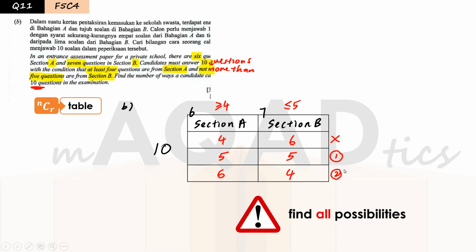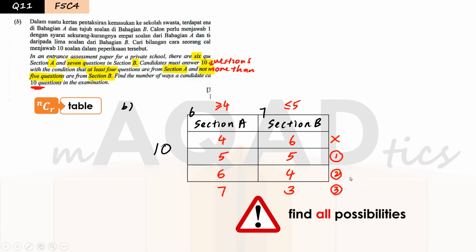So let's go beyond 6. Let's add another question in section A: 7. This means in section B, we need to answer 3 questions. 3 is also lesser than 5, so this can be our possibility also. But is that the case?